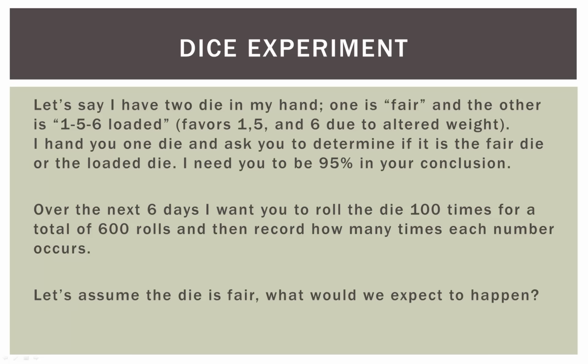Now, let's assume, okay, that the die I gave you is fair. Let's assume that. What would we expect to happen? What would we theoretically expect to happen over these 600 rolls?